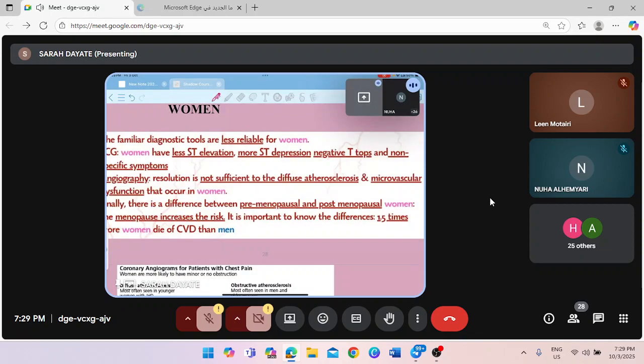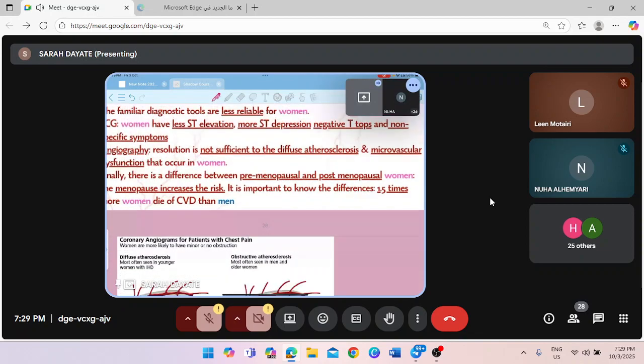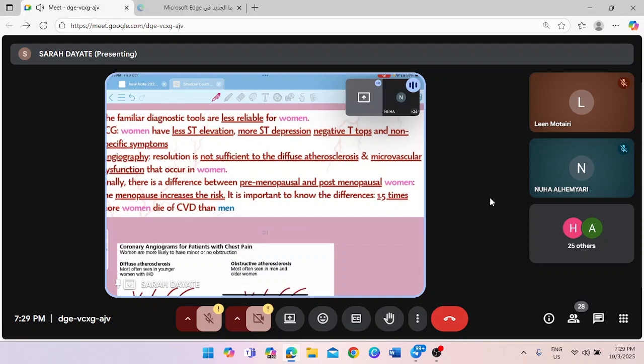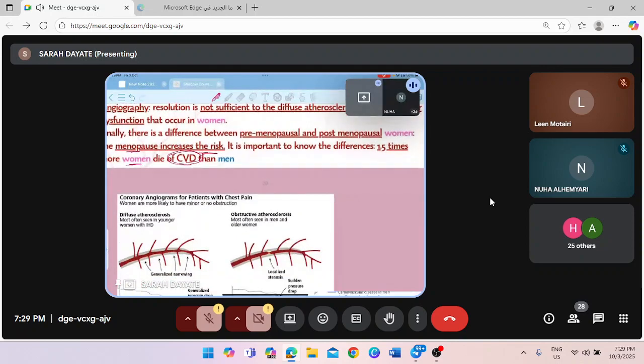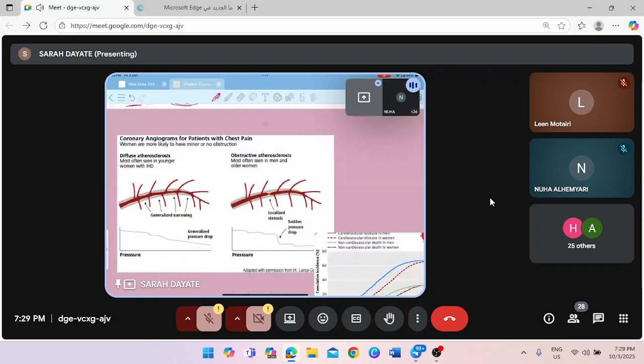And here we say that regarding premenopausal and postmenopausal, there is a difference. Menopause increases the risk. It's important to know the difference: 1 to 5 times more for older women to get cardiovascular disease, because the hormones in premenopausal women can be protective factors.